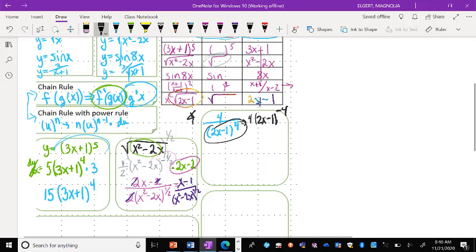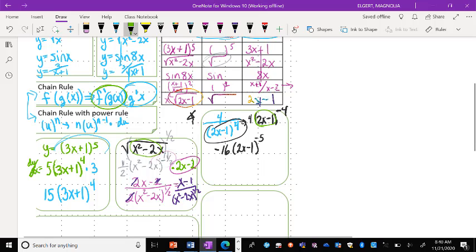So now I'm going to do the power rule and the chain rule. I'm going to start with the power, which is my outside power. So it's negative 4. I'm going to take negative 4 times this 4, which is going to give me negative 16 times 2x minus 1. And then my power rule says that I subtract 1. So negative 4 minus 1 is negative 5. And then I need to take the derivative of the inside right here.